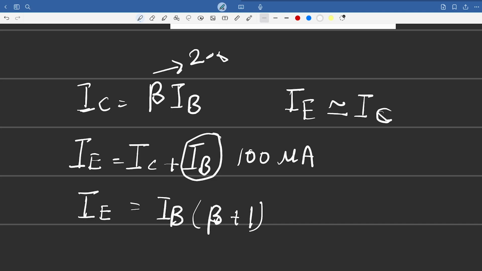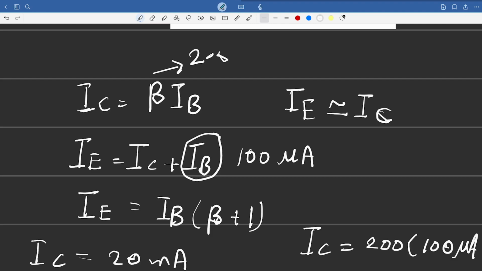That means IC is going to be 200 times 100 microamps, so IC is going to be 20 milliamps, or 20,000 microamps. Now IC is 20 milliamps, and this is 100 microamps. So we can just neglect this part, and for easier calculation, say that IE is approximately the same as IC.